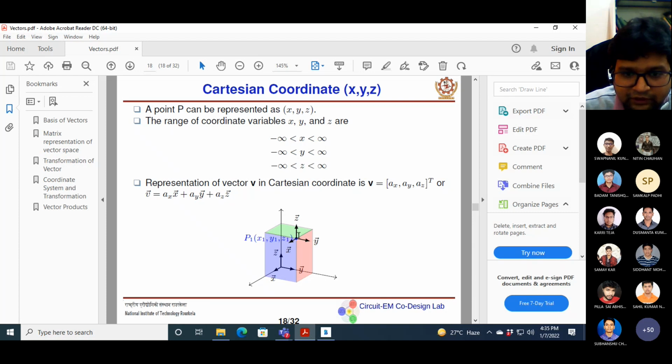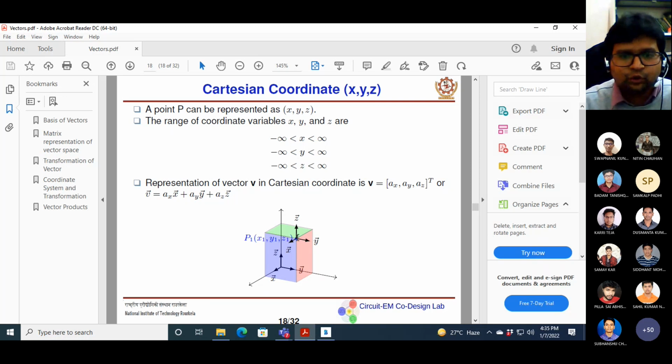Another thing is the point. x, y, and z we will call coordinate variables, and the directions are different. So we'll see later on what is the difference between coordinate transform and coordinate variable transform. These are two different things, and sometimes people get confused between them.